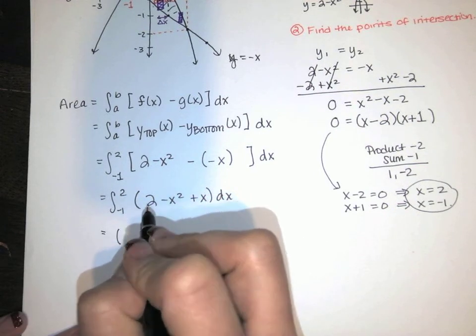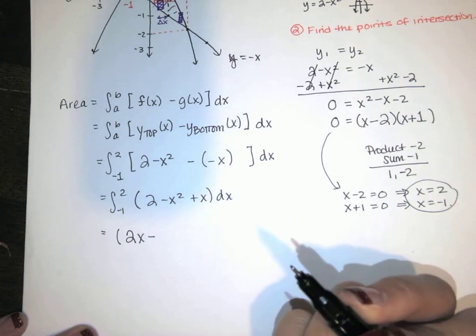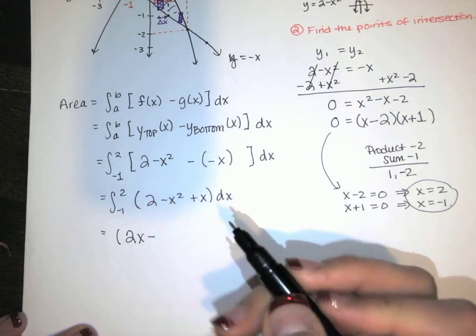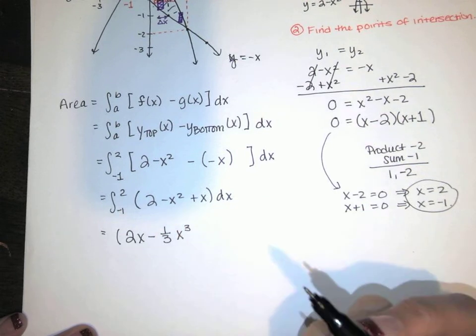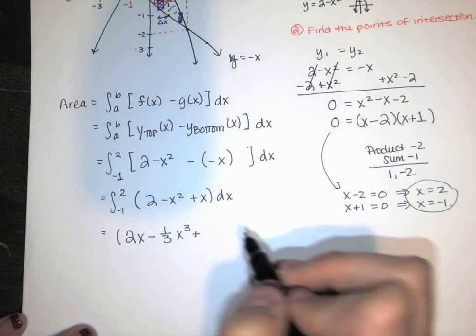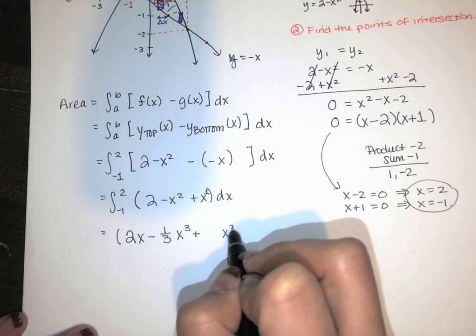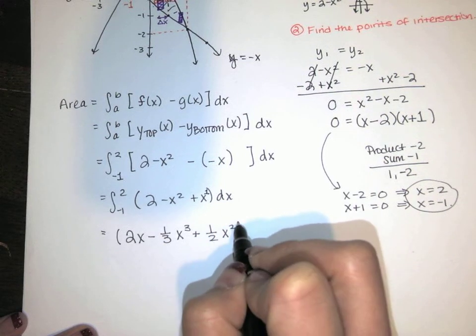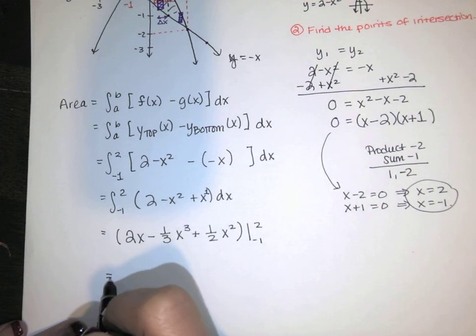The antiderivative of a constant is a constant times our variable. Bring the -1 down. Here, power rule: you add 1 to the exponent and divide by the new exponent. When you bring the +1 down, here there's an implied 1. We want to add 1 to the exponent and divide by the new exponent. Plug in -1, plug in 2, and subtract.